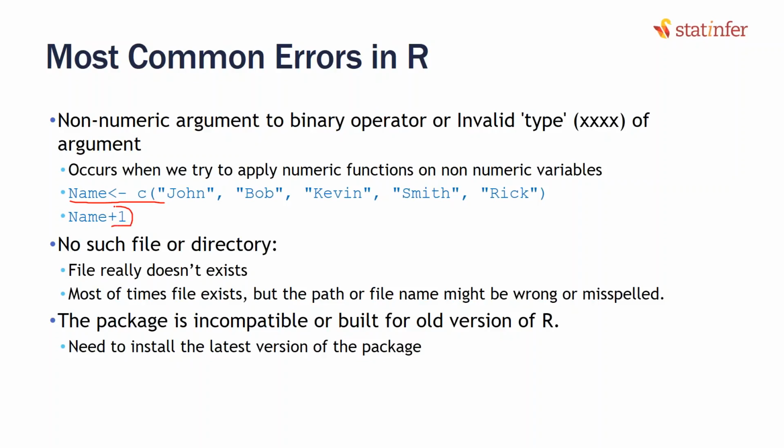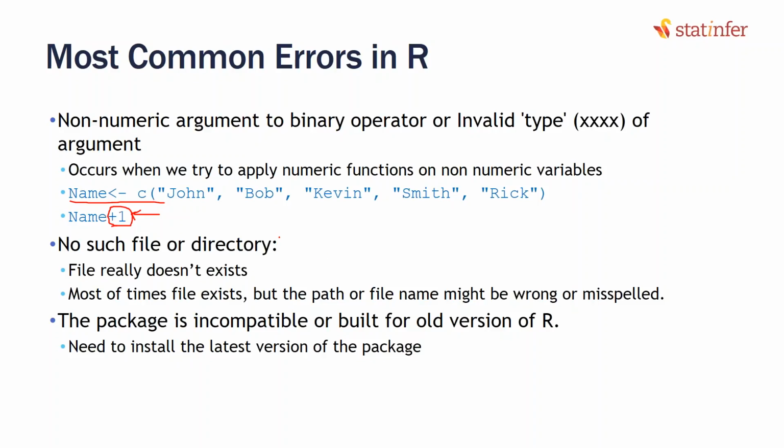If you do any arithmetic on it, then you will get this type of error, non-numeric. So you have to make sure that whatever we are doing is a meaningful operation, then only we will get the results. Otherwise we might get binary operator or invalid type argument.